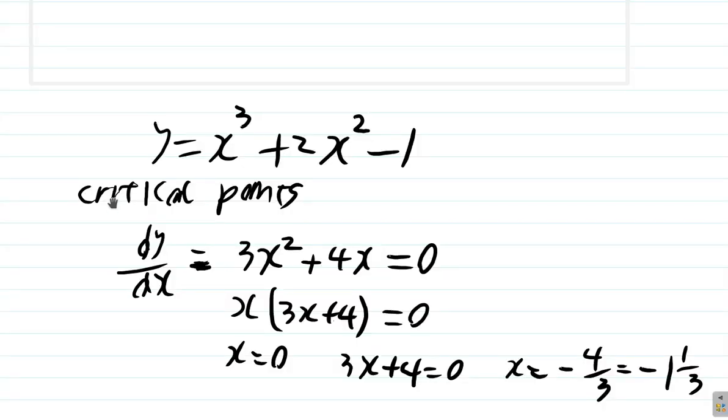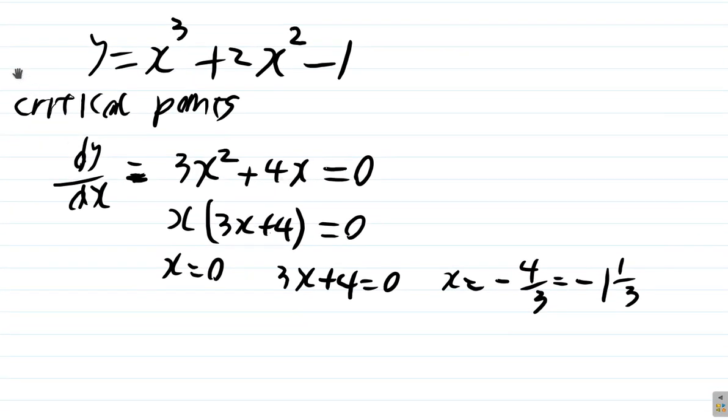But if I did not have the graph and I needed to sketch this function, I would have to find the second derivative, d squared y by dx squared. So I differentiate again.